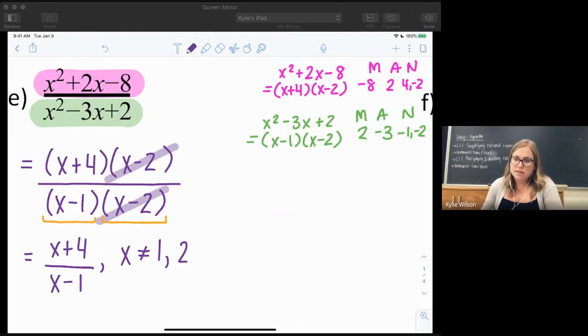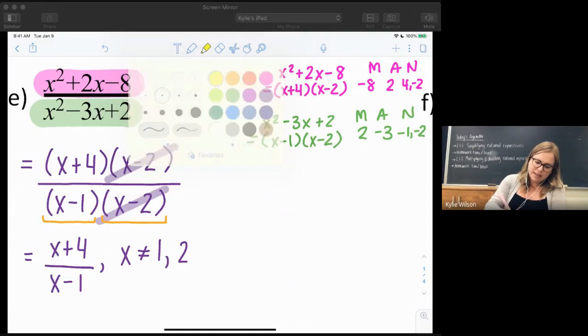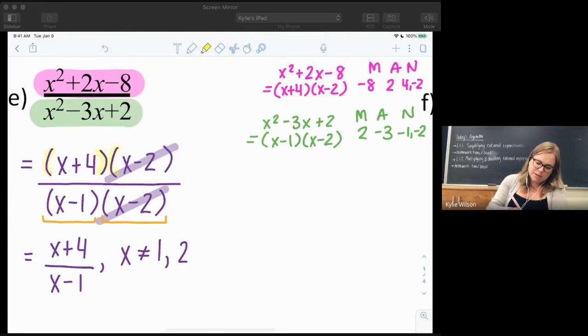Do the x's cancel out here? Just like before, the x's do not cancel out because they are not being multiplied. See here how these are being multiplied with these brackets? So we can cancel a whole bracket, but the x's cannot cancel out.